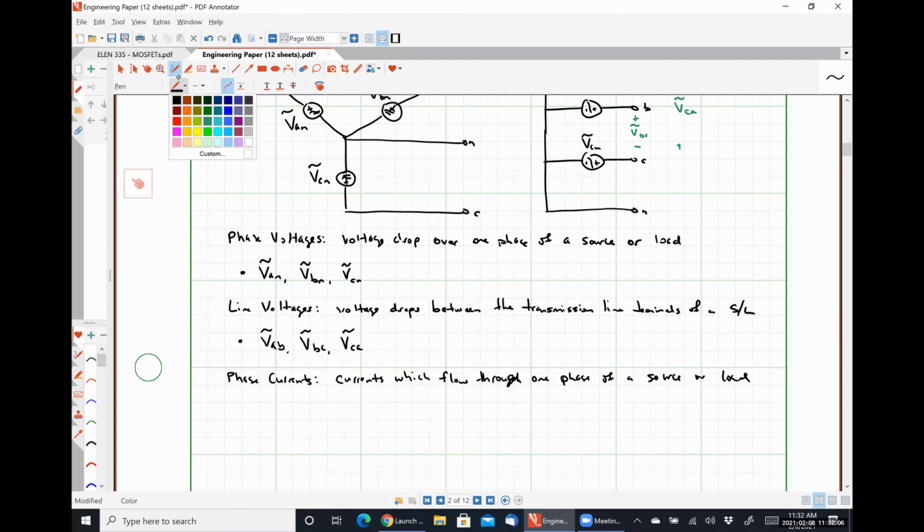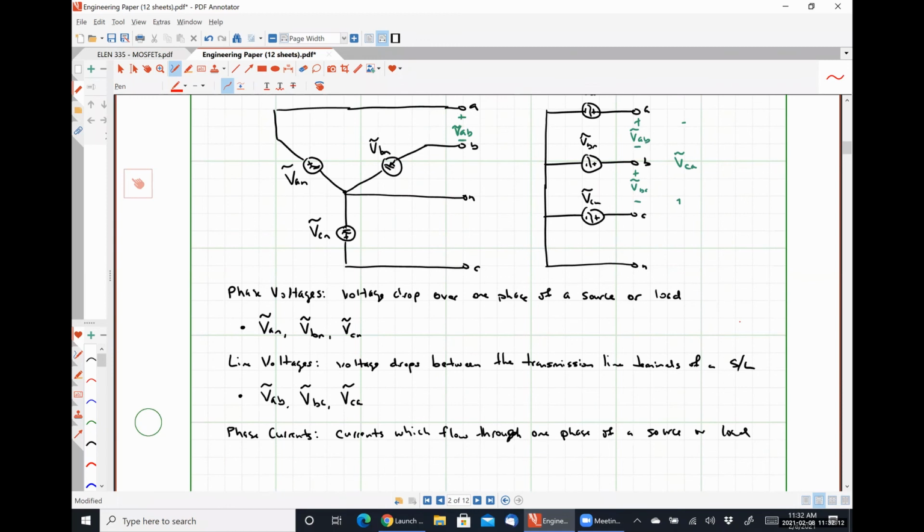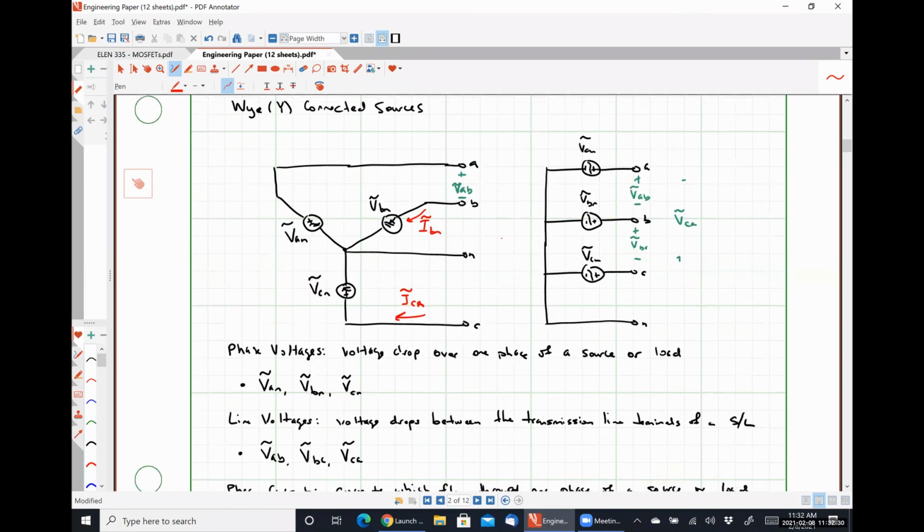So our phase currents in this case would be ICN, IBN, and IAN. Like so.